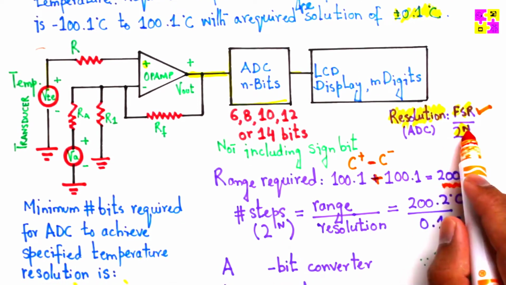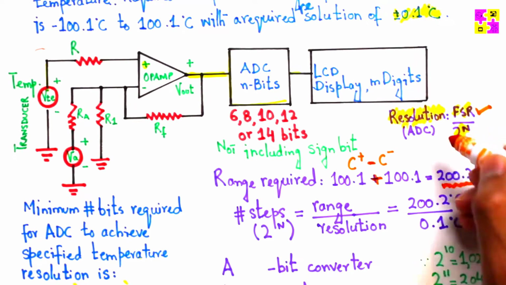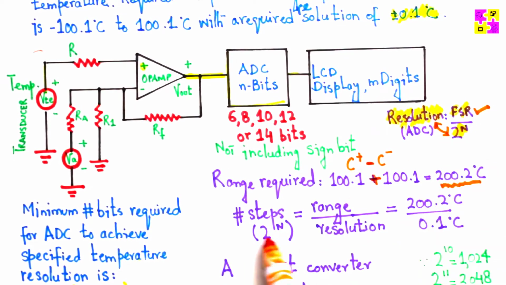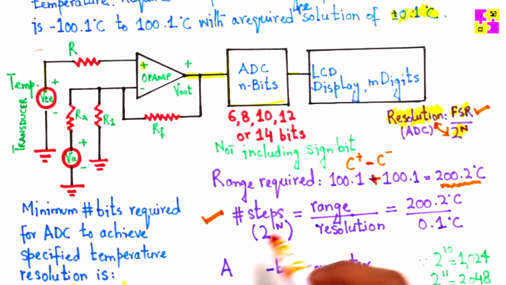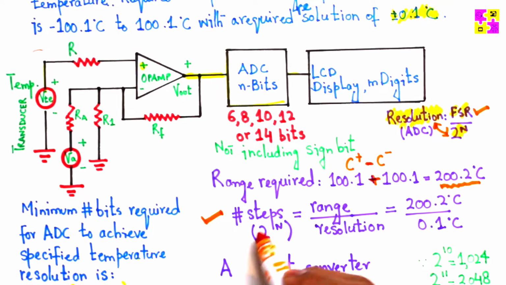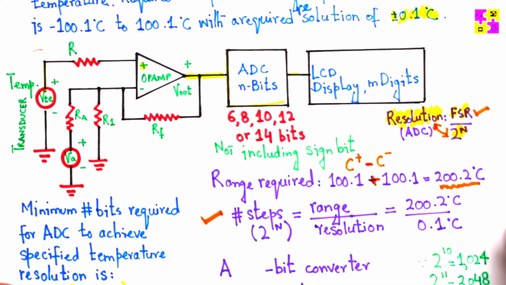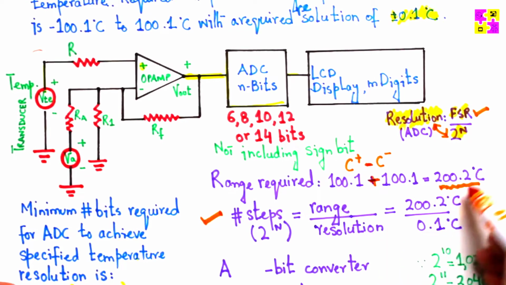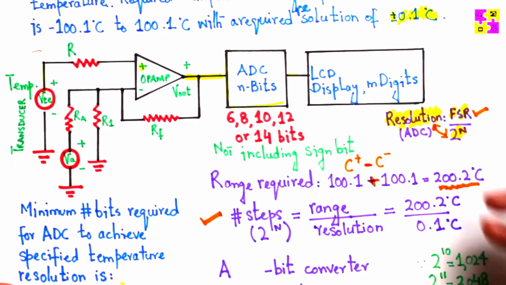Now, what I did, I basically took this over here, brought the resolution over, rearranged this equation, and put it in this format, where the number of steps, or 2 to the power n, whatever you want to say, equals the full scale range divided by resolution. Range is 200.2 degrees centigrade.